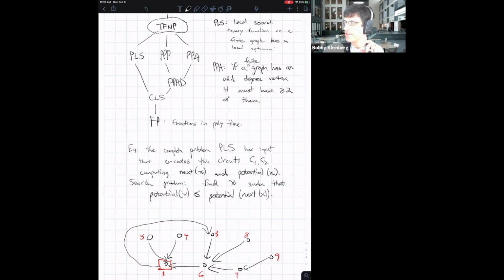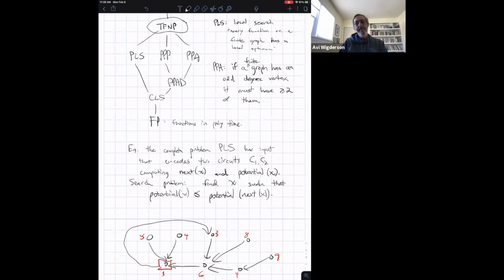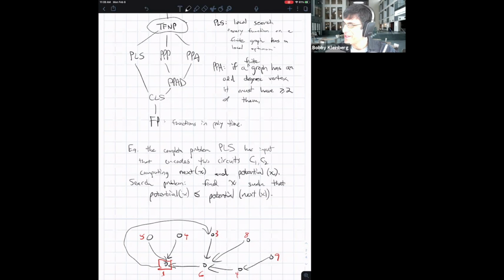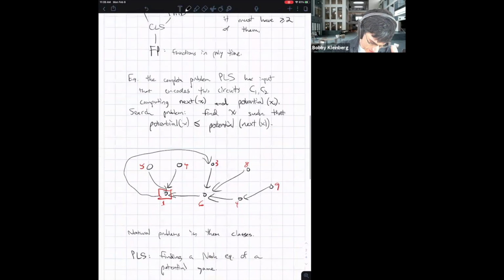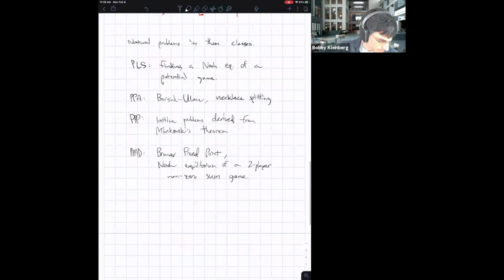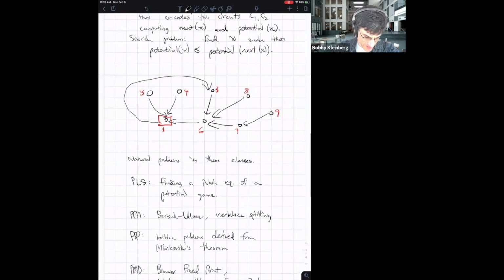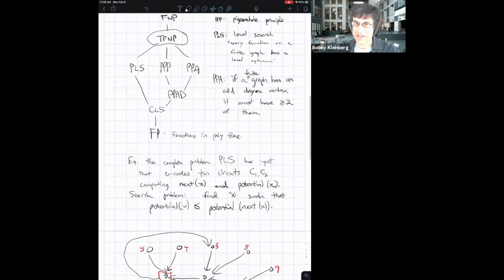Another sign of how total search problem complexity is more ill understood than decision problem complexity is, here are some very natural total search problems that we still don't know if they belong to any of the classes in this diagram, other than the topmost one, TFNP.